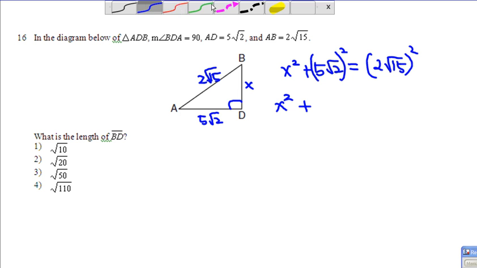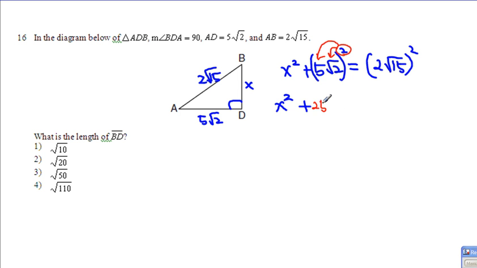Now, here the square applies to 5 and also to radical 2. So what we end up getting is 5 squared, which is 25, times the square root of 2 squared, which we know to be equal to 2. Now here we have 2 squared, we get 4, and then square root of 15 squared. I'm just going to write it this way for now.